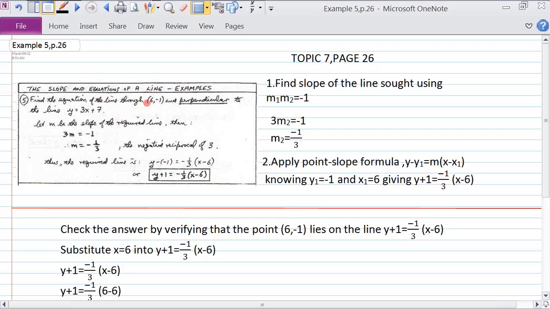Let's just go over it. We are told that a line has to go through a point, and it's perpendicular to this equation. So we are going to use the point slope formula, because we know the slope of this line. We can figure out the slope of the perpendicular line. Then we've got the point. We put it into this, and we get the answer.